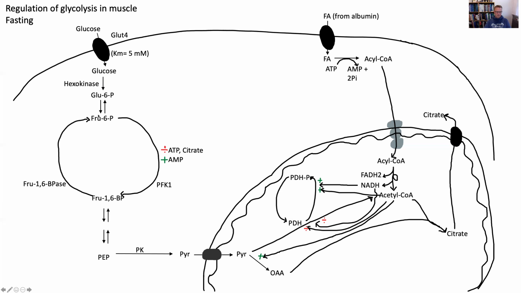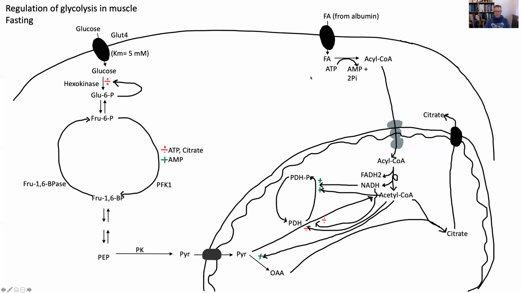And because this is an equilibrium between fructose 6-phosphate and glucose 6-phosphate, the level of glucose 6-phosphate will also increase, and that will result in a strong inhibition of hexokinase, thereby inhibiting oxidation of glucose.